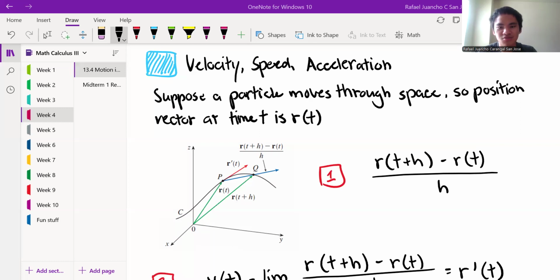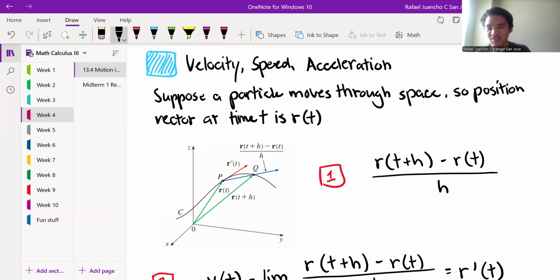So basically, the first one is telling us the approximate direction of the particle. If we have these two points, then we have a vector that can connect them, which is this blue vector here, and that approximates the direction of the curve.